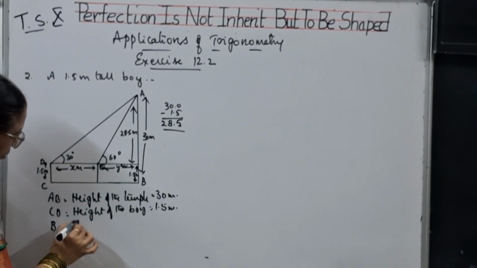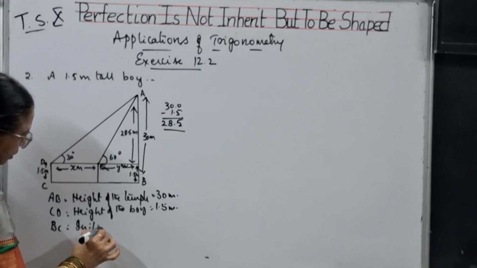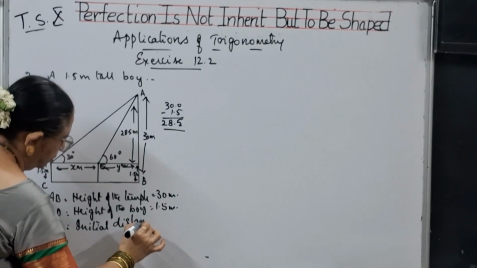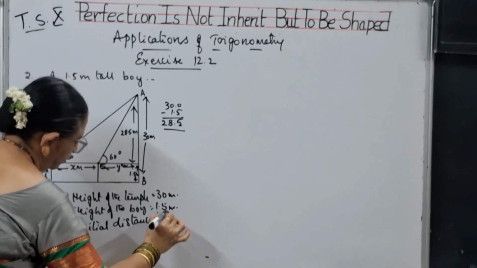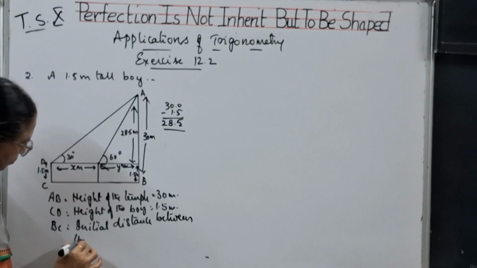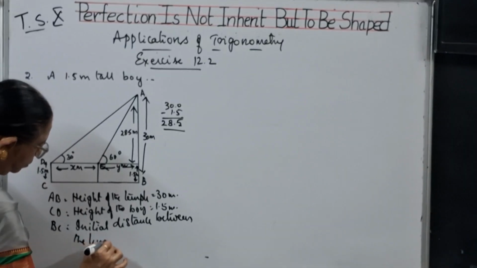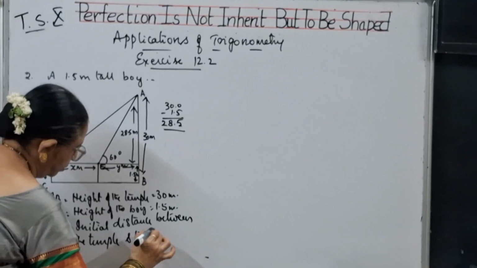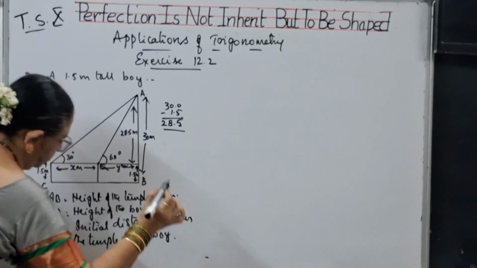BC is the initial distance between the temple and the boy.